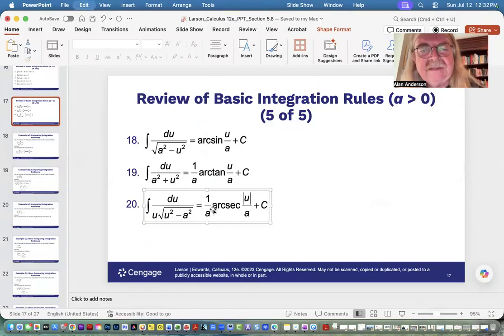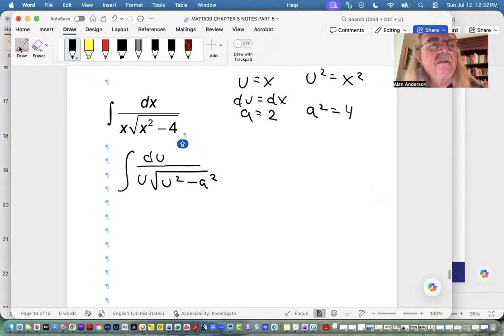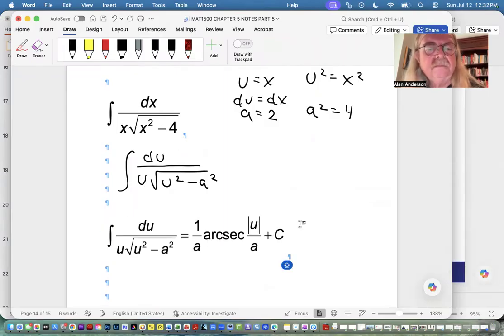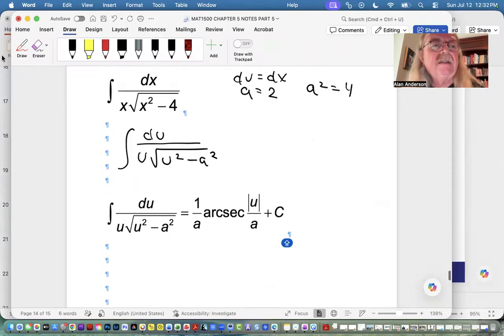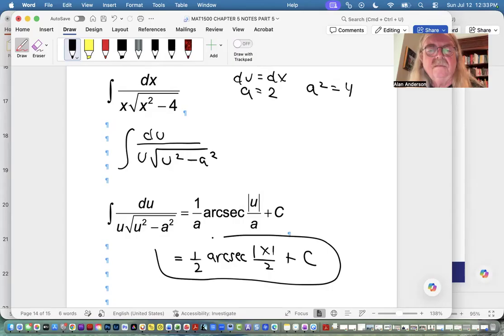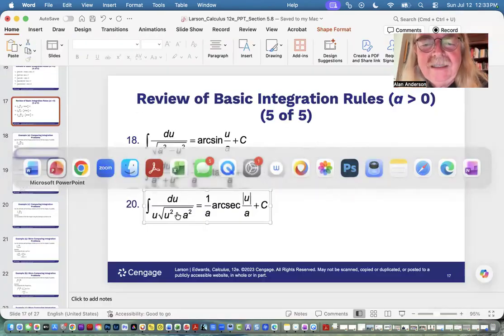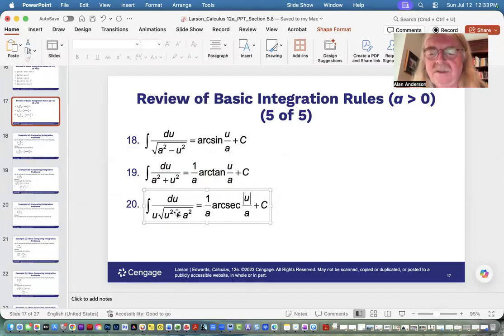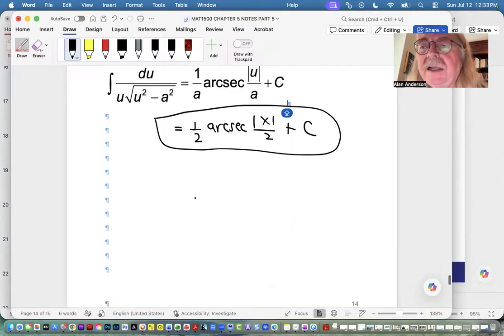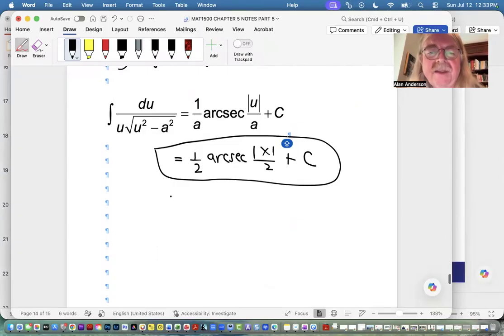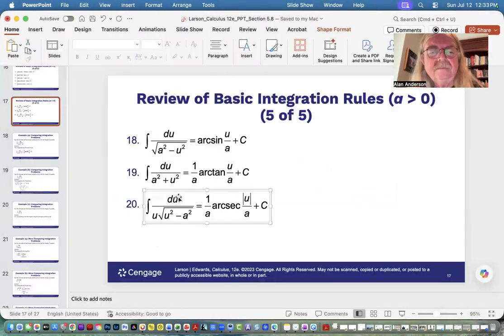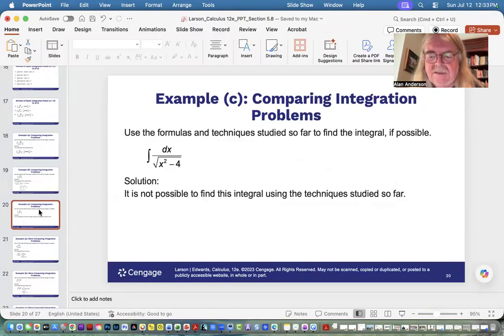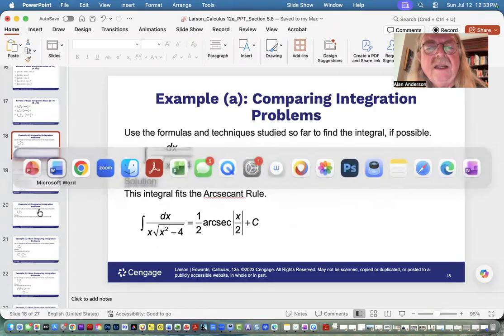Why, there it is right there. All right, so we have, very nice. So again, it's the art form of finding these formulas by possibly rearranging everything algebraically, making the right substitutions for u and a. Okay. 1/2 arcsecant. Yeah, we got it.